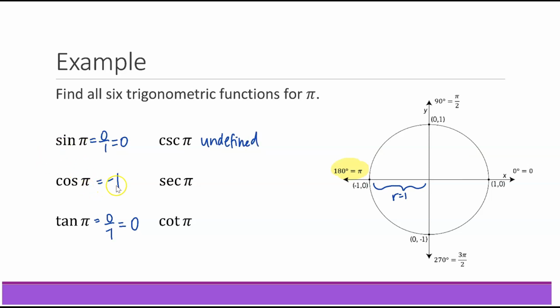For cosine of pi, the reciprocal, secant of pi, would still be just -1. And then for cotangent of pi, if I take the reciprocal of tangent of pi, I'm going to end up with undefined. So the values at the quadrantal angles are just combinations of 0, 1, -1, and undefined.